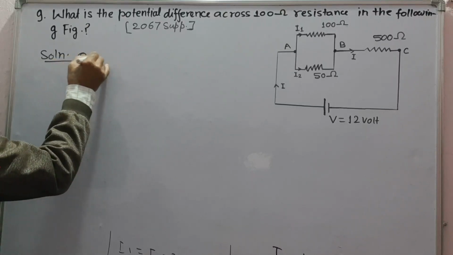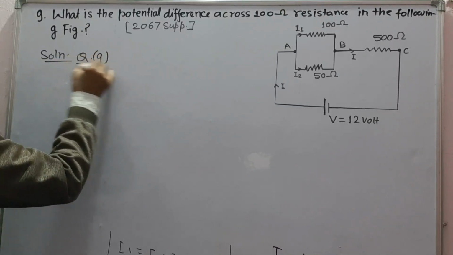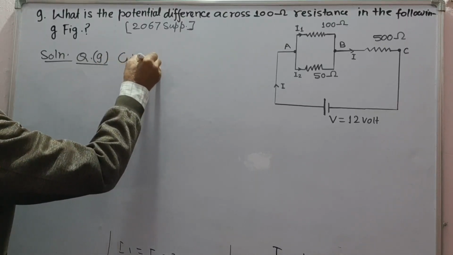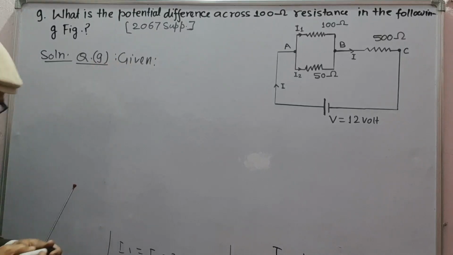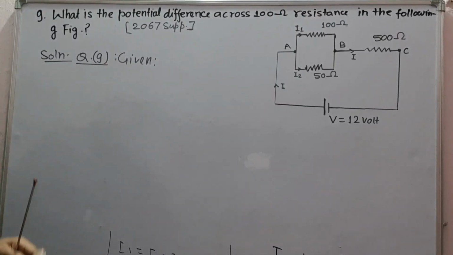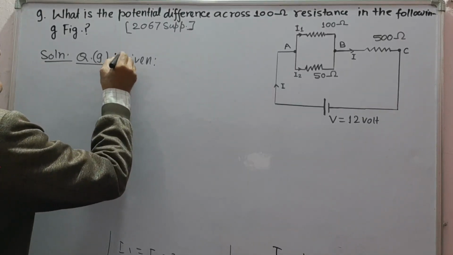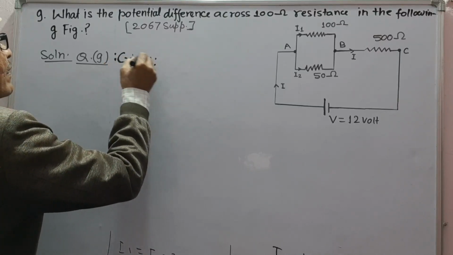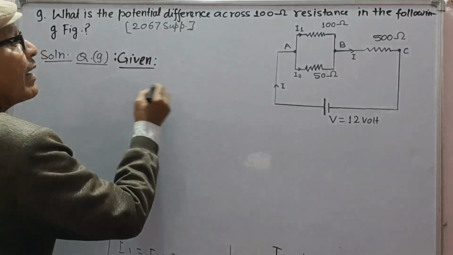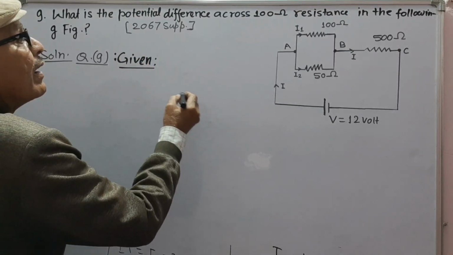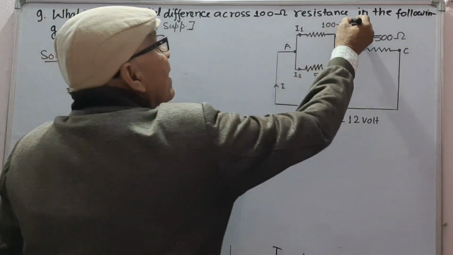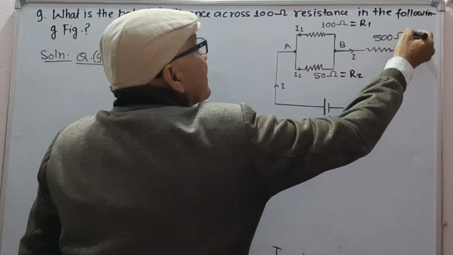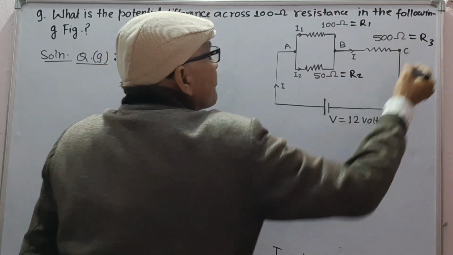Solution to question 9. Given, suppose this is R1, this is R2, and this is R3.